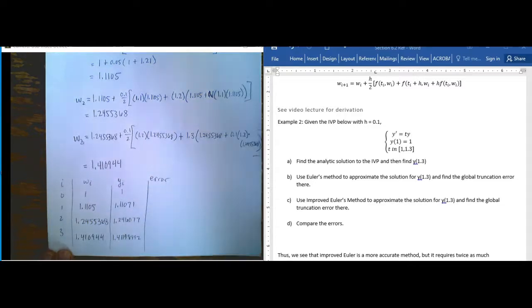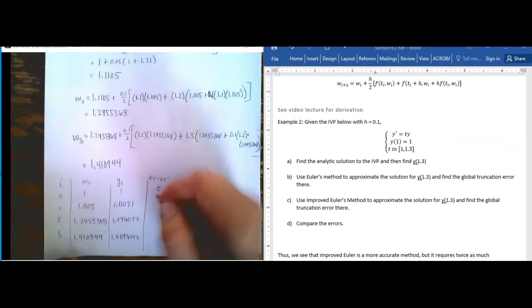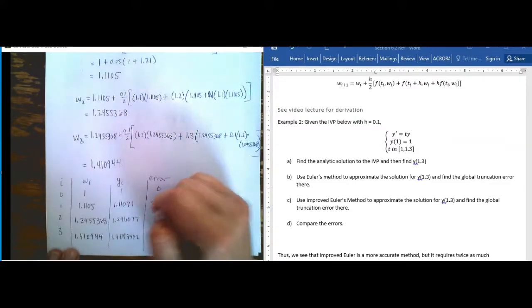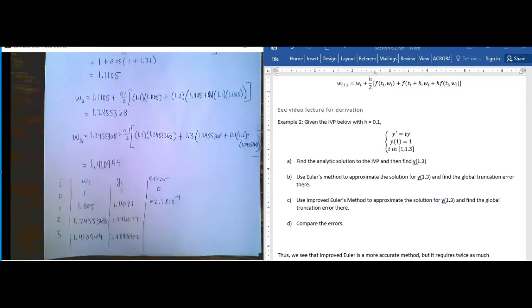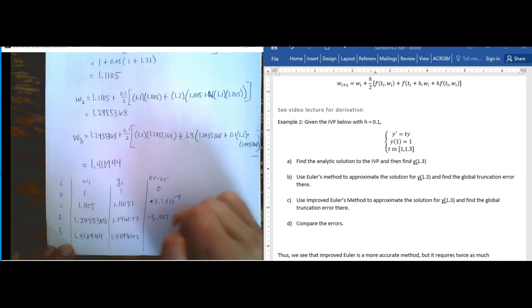So let's calculate our errors. So error at the first step is always 0. Here we get negative 2.1 times 10 to the negative 4. We get negative 5.402 times 10 to the negative 4.